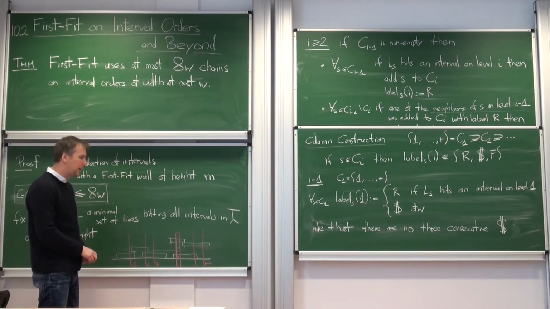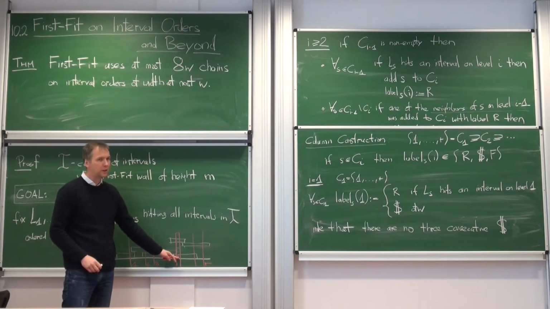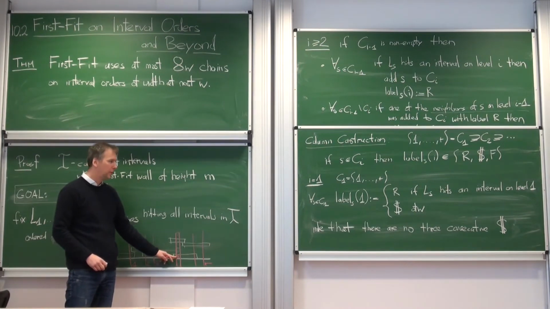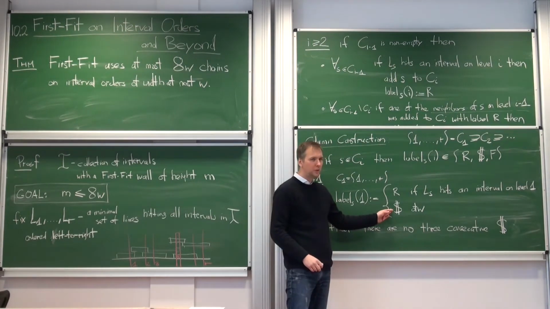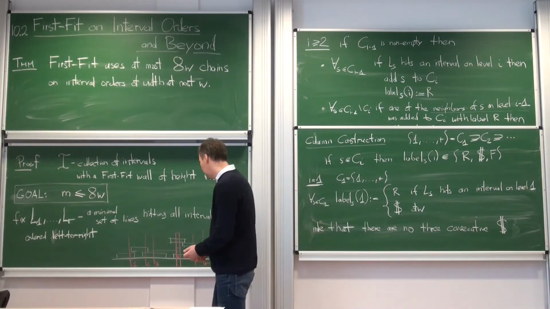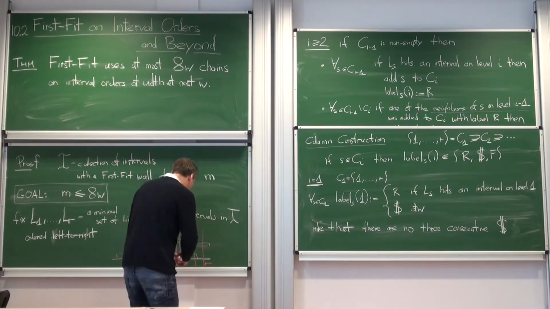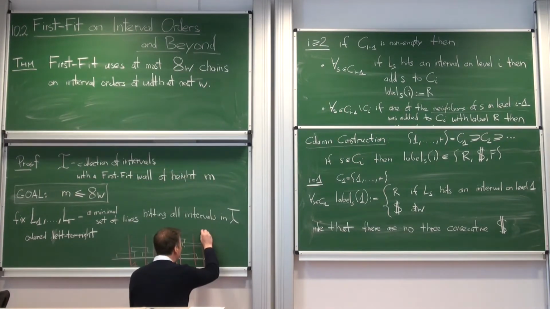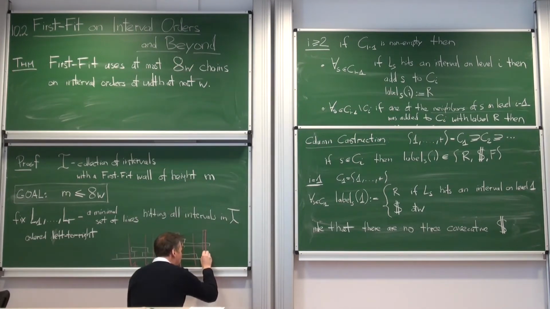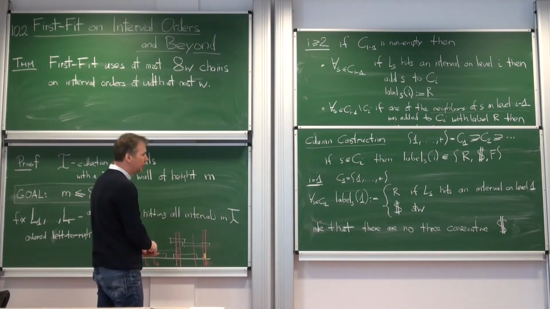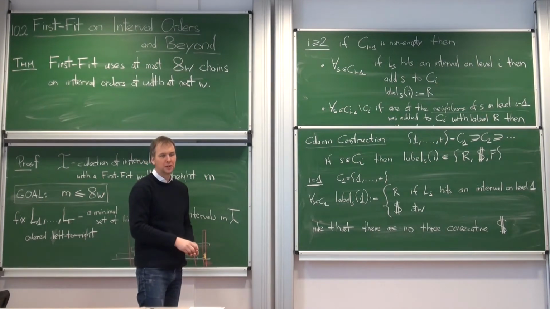That's why I put R here, because there is an interval. And if there is no interval on level 1, we put a $ sign. So for example, this column here would get the $ sign. Okay, so that's it for the first level.